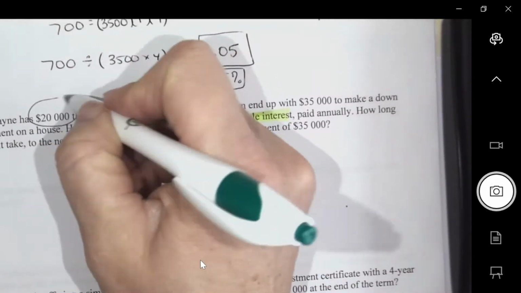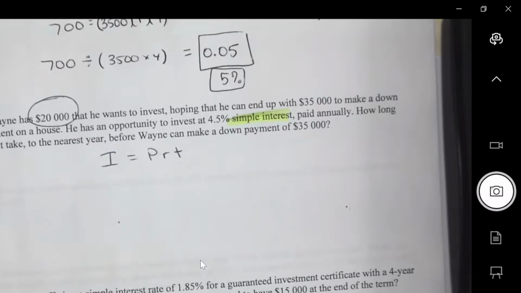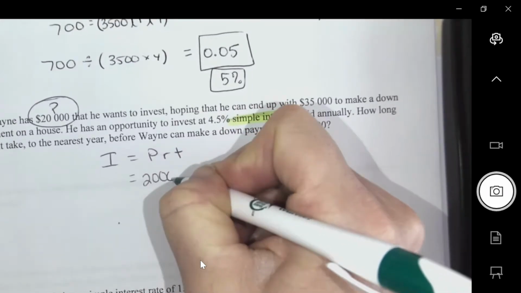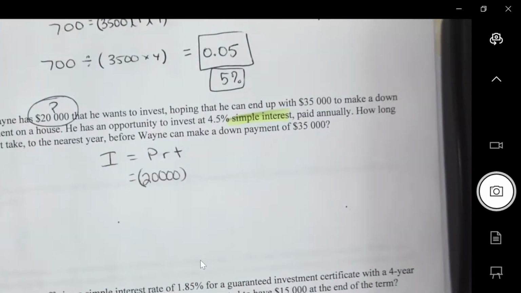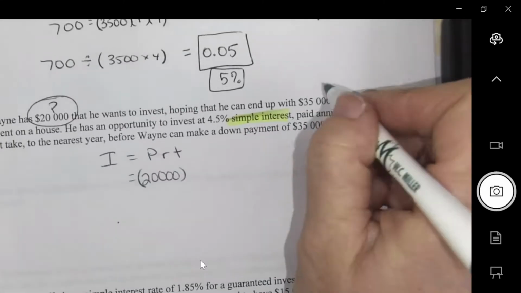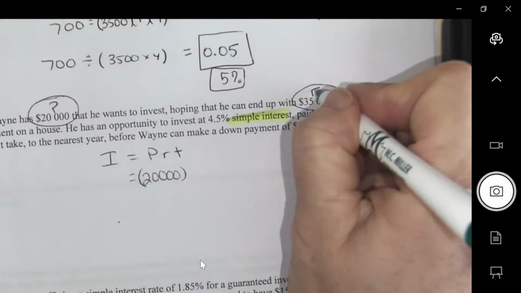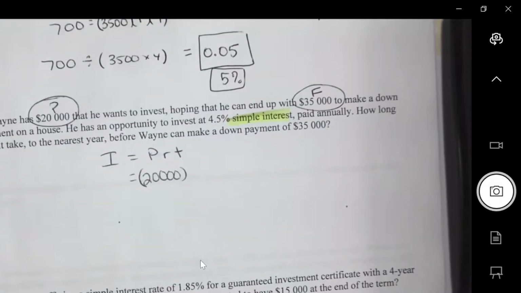Okay, he has $20,000 that he wants to invest. Principal. Reading, the next thing is, he wants to end up with 35,000. That's my F, that's my final.